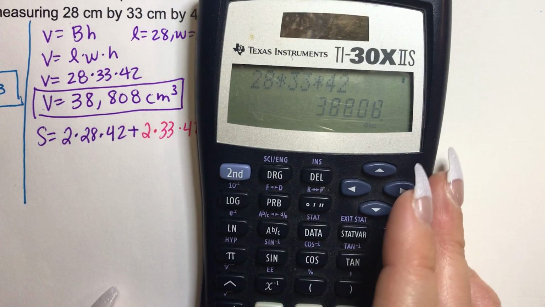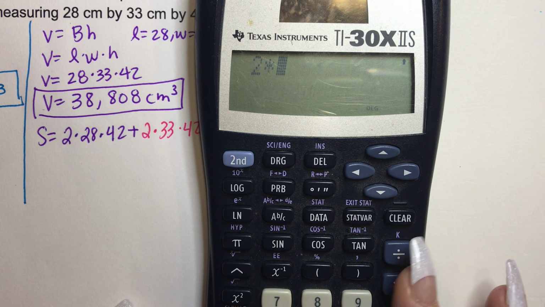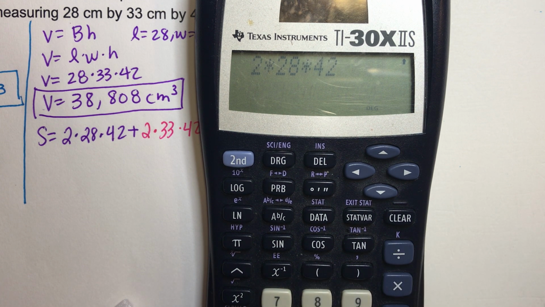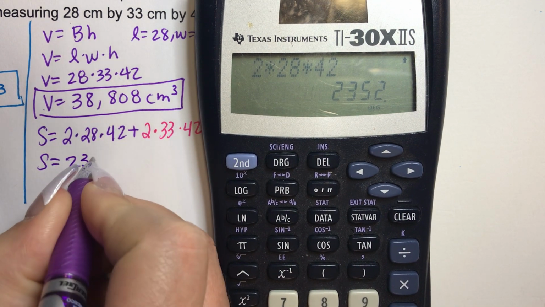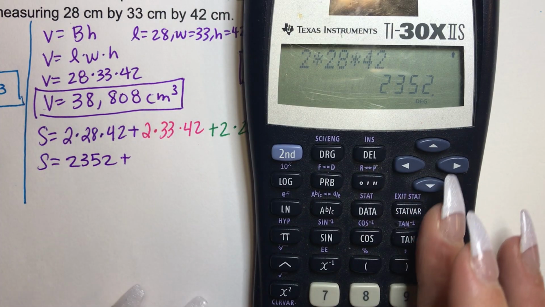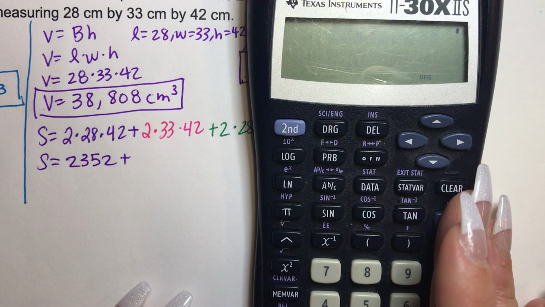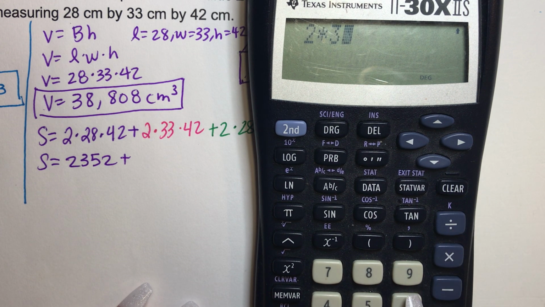So I'm going to start here and go 2 times 28 times 42. And that ends up being 2,352 plus 2 times 33 times 42.